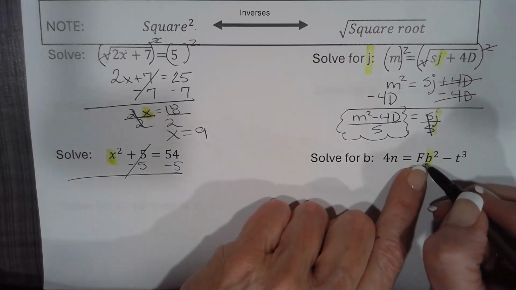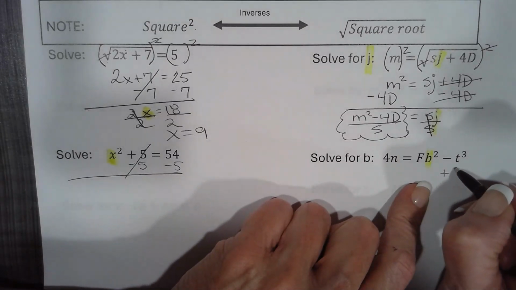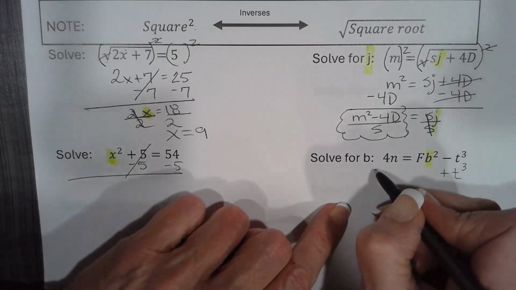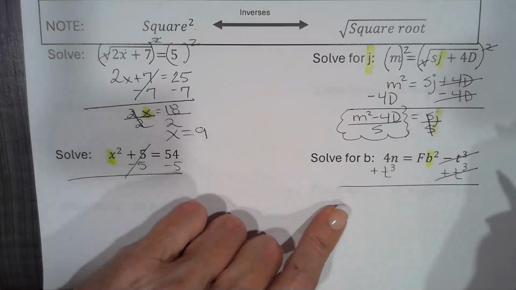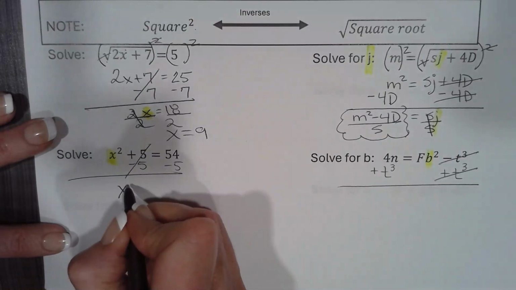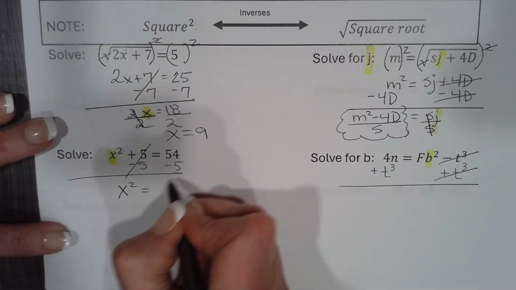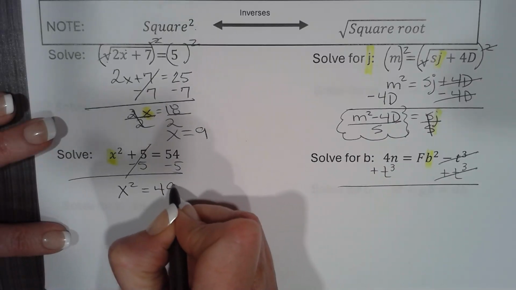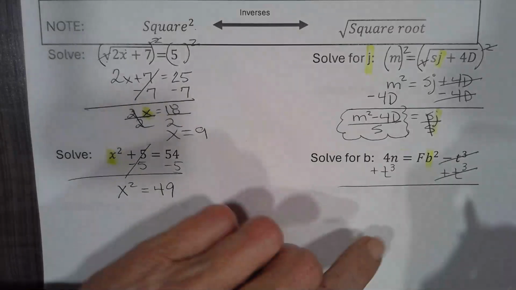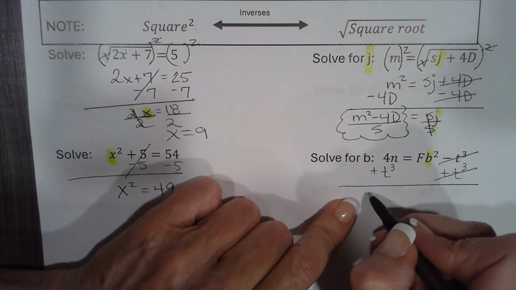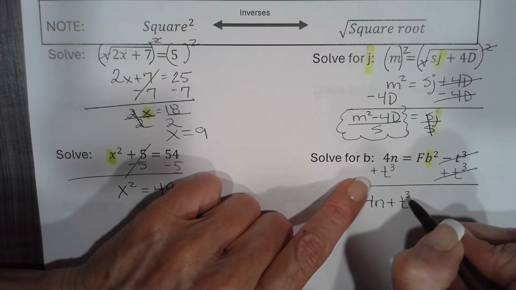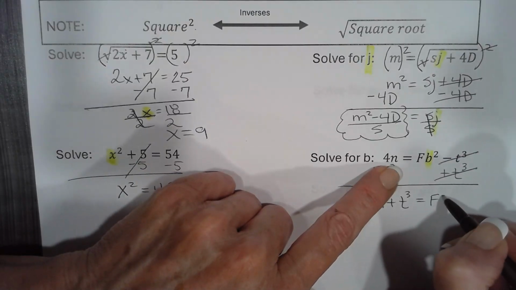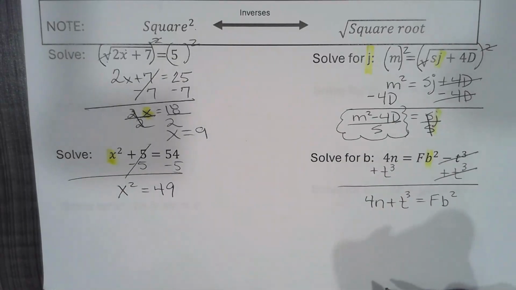The first thing I'm going to do here is add t cubed to both sides. So here I have x squared equals 54 minus 5, which is 49. Over here I'm going to have 4n plus t cubed equals fb squared.